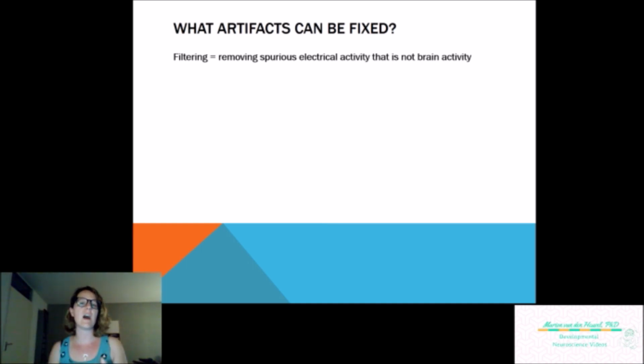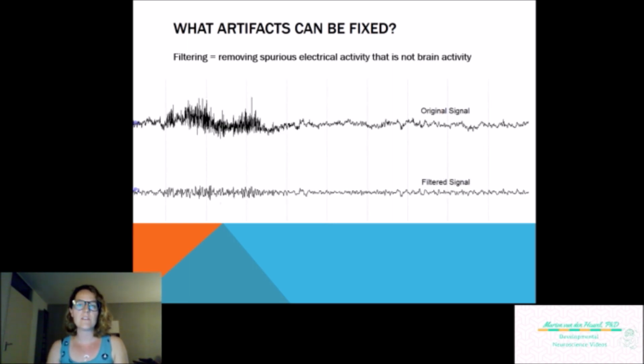And then we have the really high frequencies, which look like noise, really fast activity. That's usually muscle activity that you can see in the data. So for instance, here you see the original signal with probably a muscle artifact of very fast electrical activity, and with filtering you can decide what kind of frequencies you want to filter out and what kind of frequencies you want to keep.